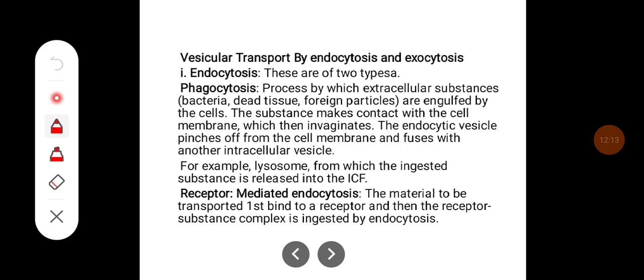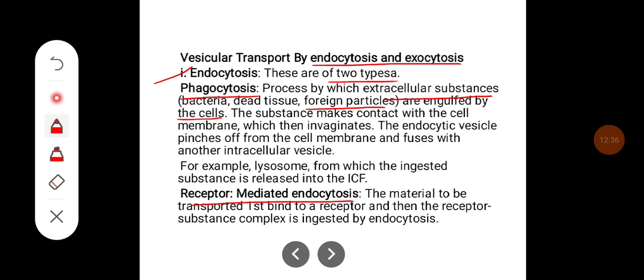Coming to vesicular transport, which occurs by endocytosis and exocytosis. Endocytosis, there are two types. One is phagocytosis and another one is receptor mediated endocytosis. Phagocytosis is a process by which the extracellular substances, that is bacteria, dead tissue, foreign particles, are engulfed by the cells.